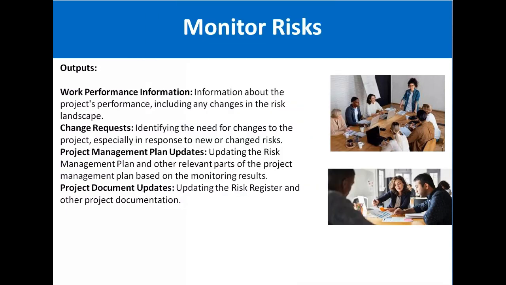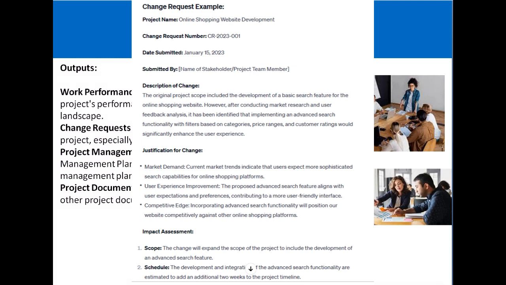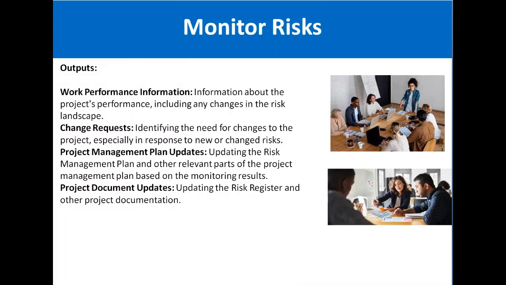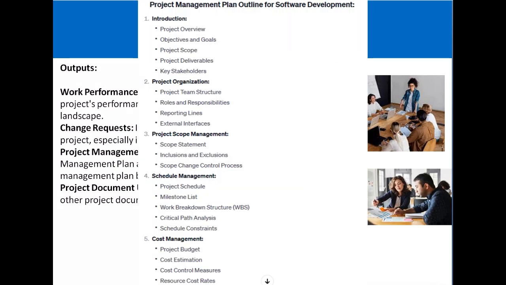Then change request means that if there are any changes required in the scope, in the risk, you may have to handle it and properly approve it. The project management plan could be updated as an output of monitor risk, meaning if there are any changes required in the monitoring results in the project management plan.